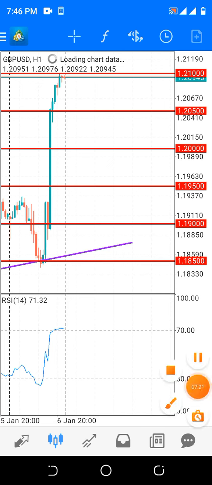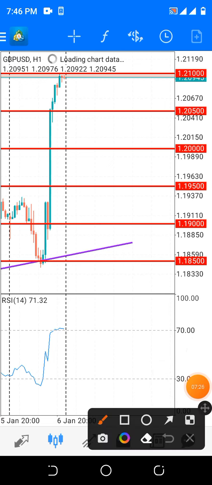Now I told you earlier that each psychological level differs from another by a margin of 0.005. Look at it. This is 1.19000.